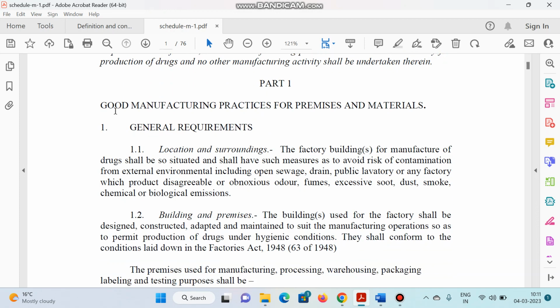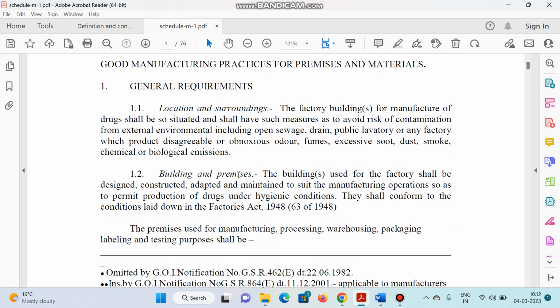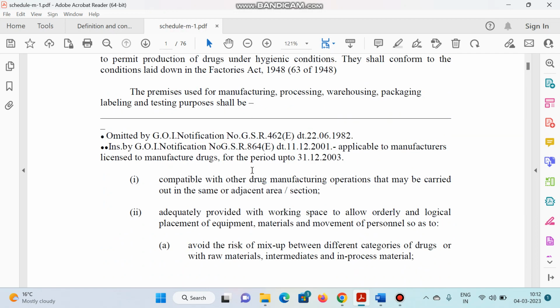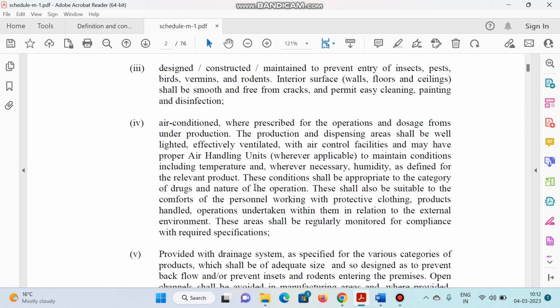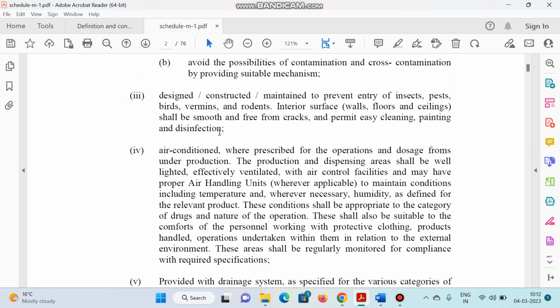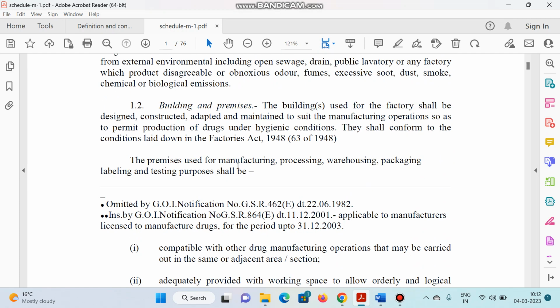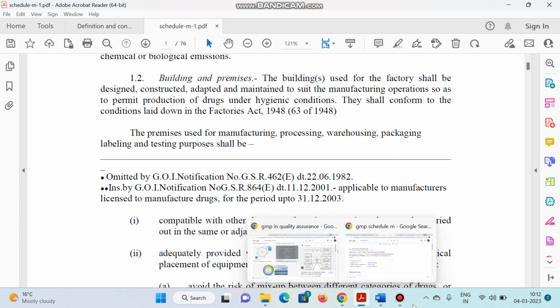As you can see, the schedule Part 1 contains different guidelines related to the general requirements like location, surroundings, building and premises. Everything is given in Schedule M. As you can see, these are requirements for building and premises.